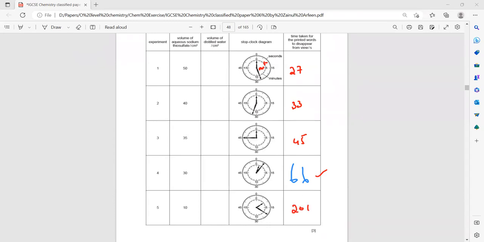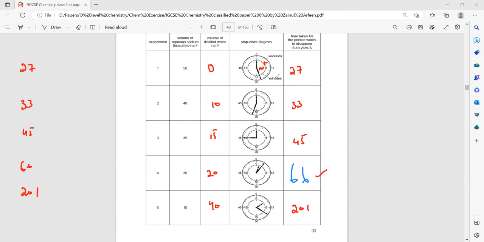And what about the volume of distilled water we use? It was 0, 10, 15, 20, and 40. The times for the experiments were 27, 33, 45, 66, and 201.